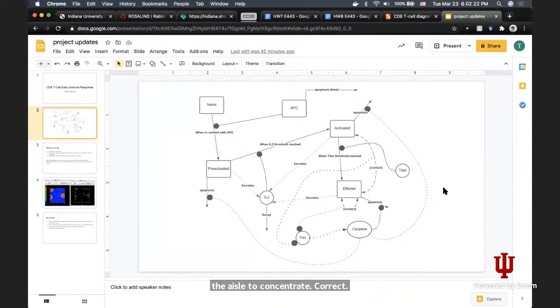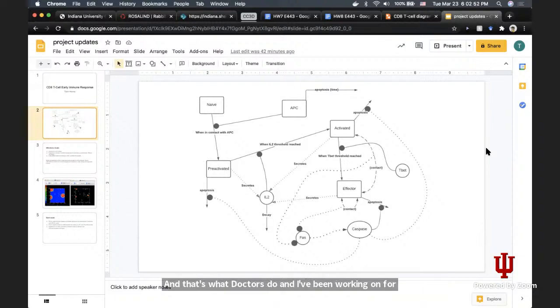And it's the threshold value for pre-activated to activated that I'm not sure why it's not working. Right now the code works so that when the APC comes in contact with naive, it becomes pre-activated. And then if the APC comes in contact with the pre-activated cell again, it becomes activated, which isn't correct. And that's what Dr. Isigo and I have been working on this week.